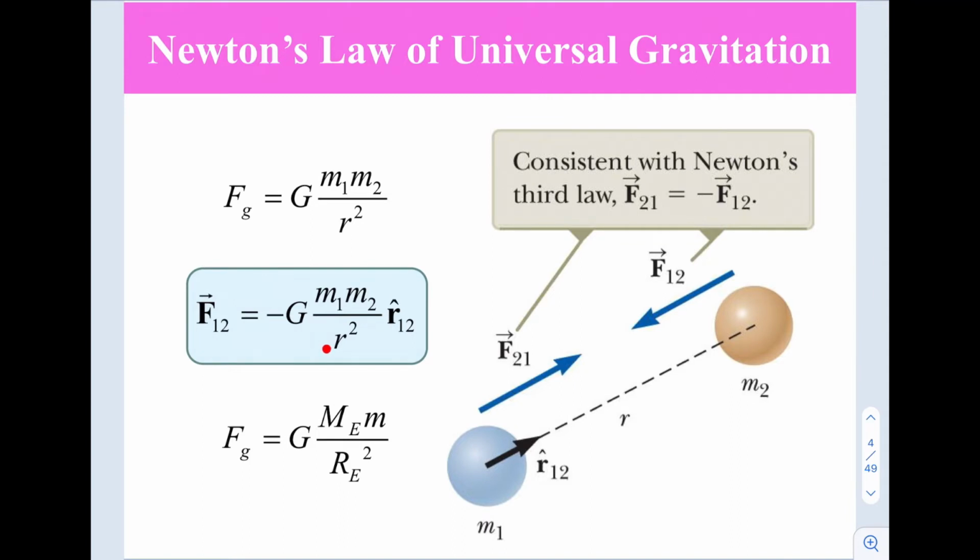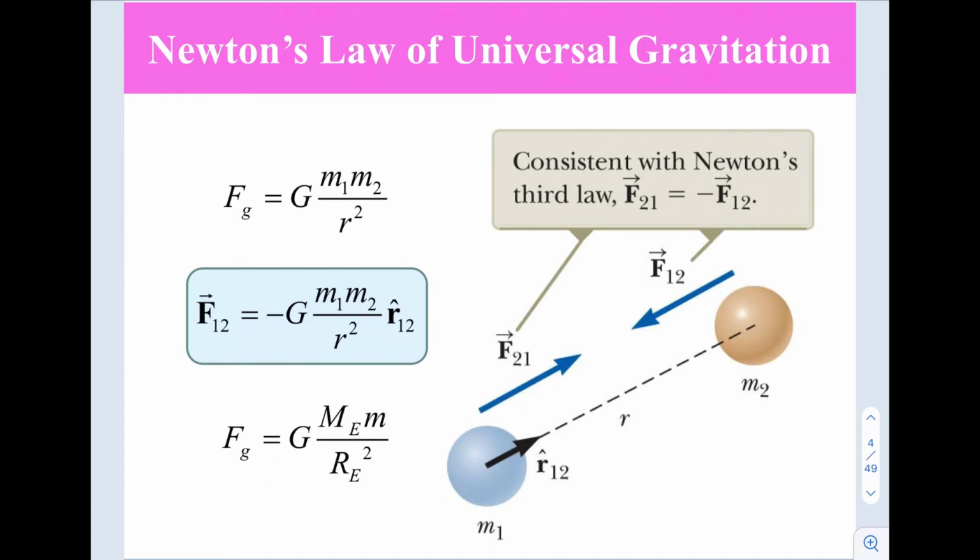If the particle is very small, then we can directly take the distance between the objects or particles. But if we are talking about Earth and Sun or Earth and Moon, then we have to take it from center to center, where the R must be between 1 and 2.